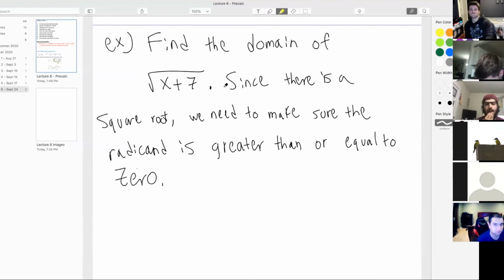The radicand, just recall, is the expression that appears underneath the square root sign. So it's x plus 7.